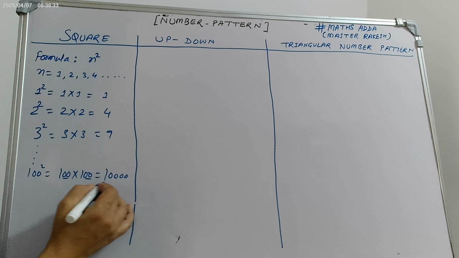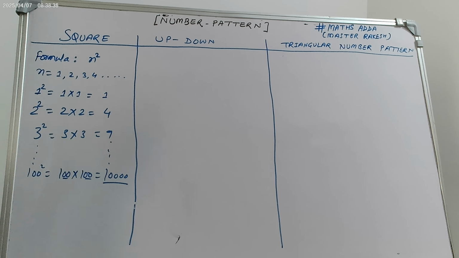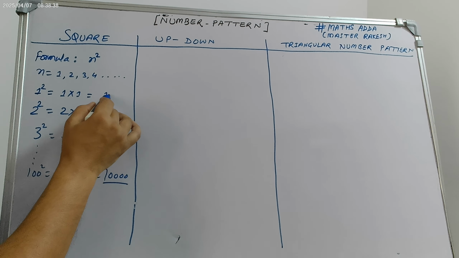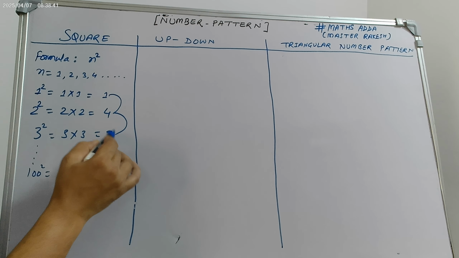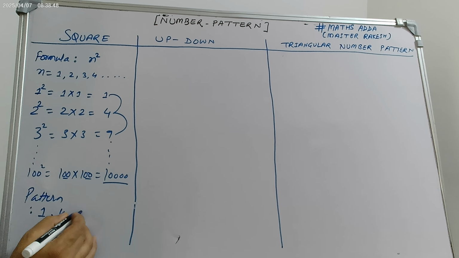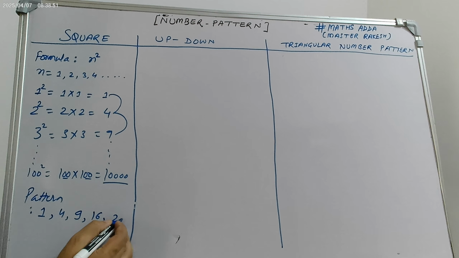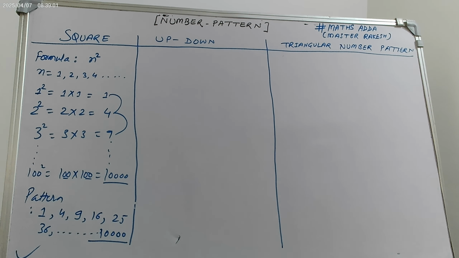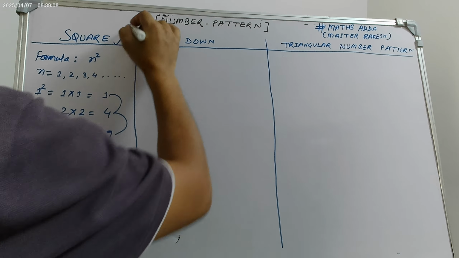This way the number sequence pattern is 1, 4, 9, then 16, then 25, then 36, and so on. These are very important number patterns, so we should remember them. This is known as the square pattern.